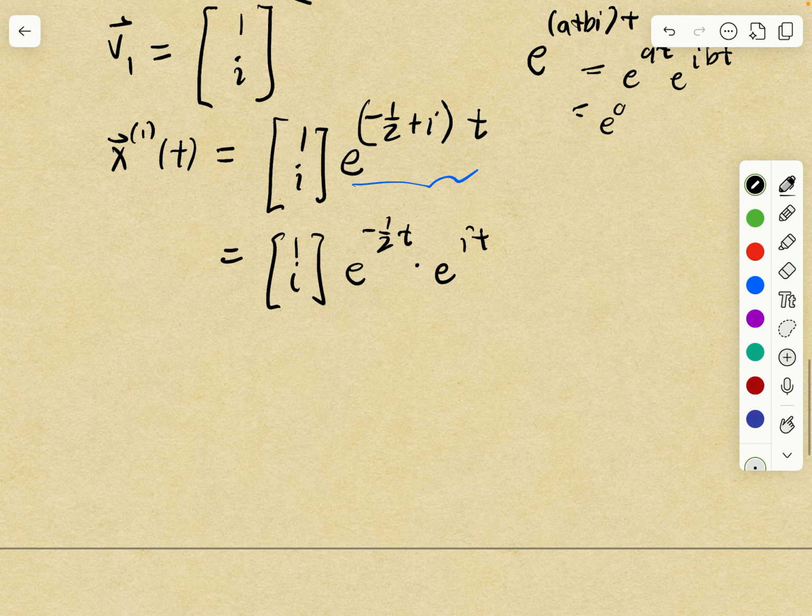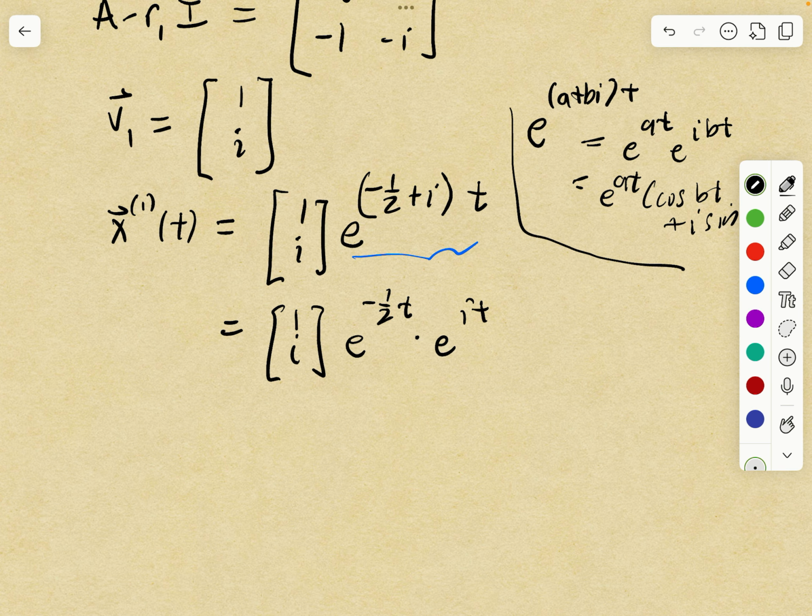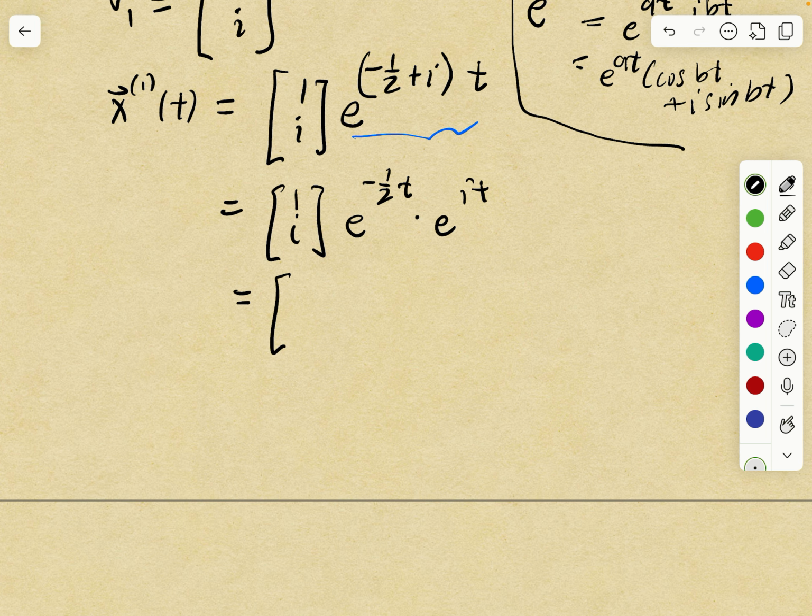And then that's e to the at times parentheses cosine bt plus i sine bt. Okay, so that's what I'm doing here. So I'm going to write this as (1, i) e to the -1/2 t times cosine t plus i sine t, right?